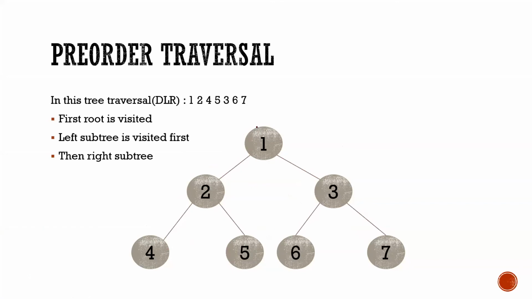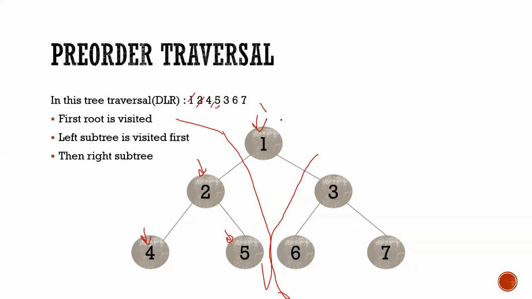First root node 1 is visited, then left subtree and then right subtree. So for the left subtree, root node is what? 2, and left and right nodes are 4 and 5. So first 1, then 2, then 4 and 5.